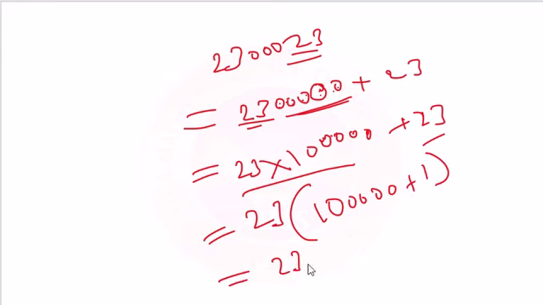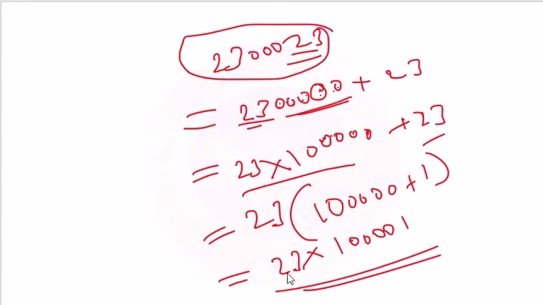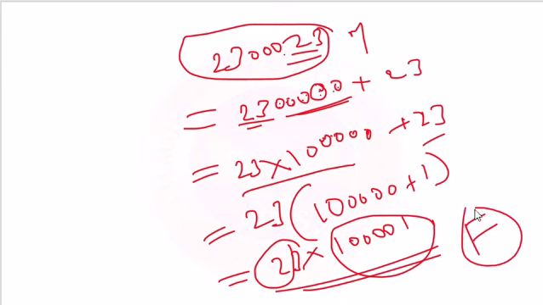So it can be written as 23 into 1 lakh 1. This is written as a product of these two numbers. So this is called the multiple, and these two are called factors. So 23 is a factor of this one. So without division we have guessed.